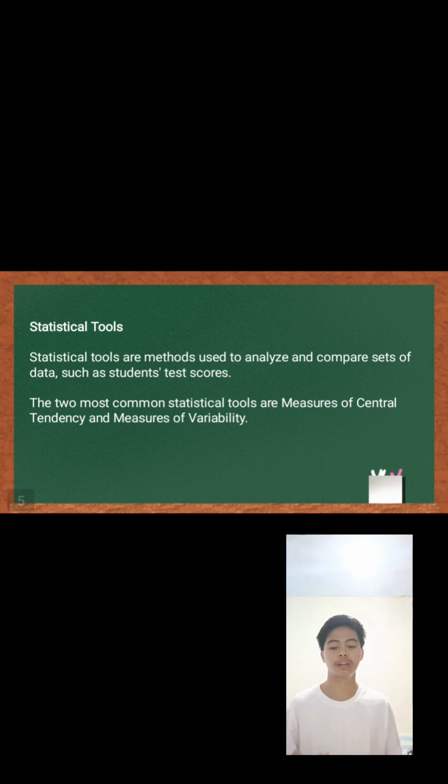Statistical tools are methods used to analyze and compare sets of data, such as students' test scores. The two most common statistical tools are measure of central tendency and measure of variability.